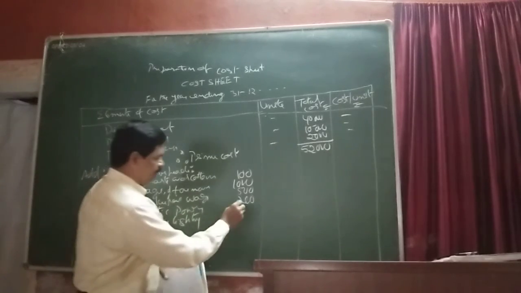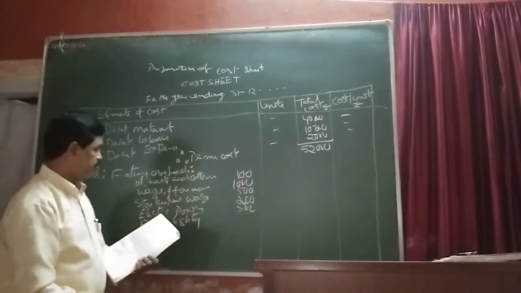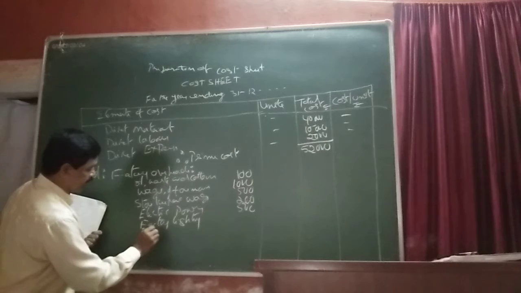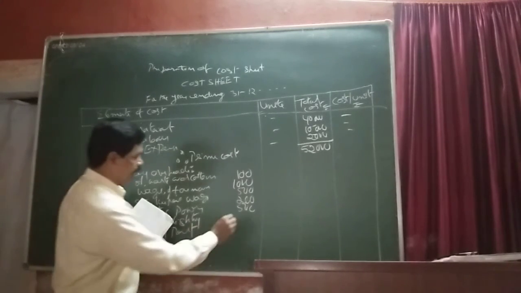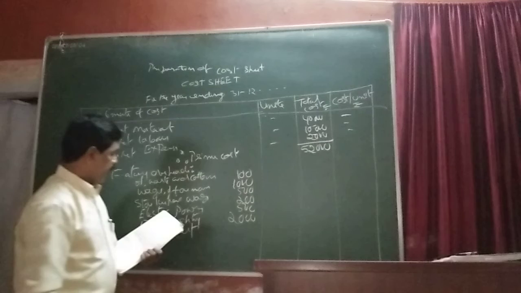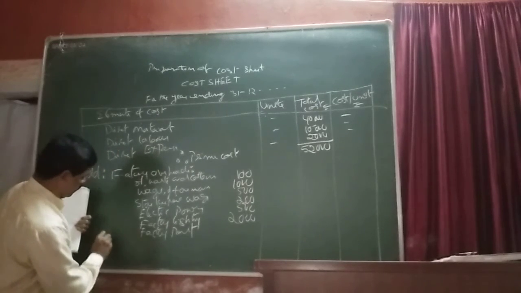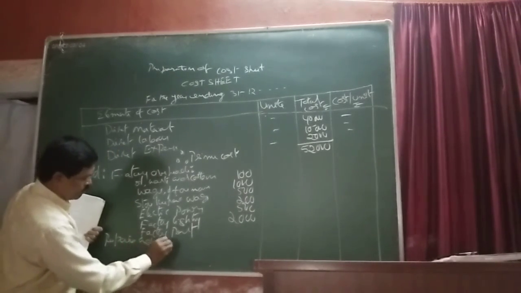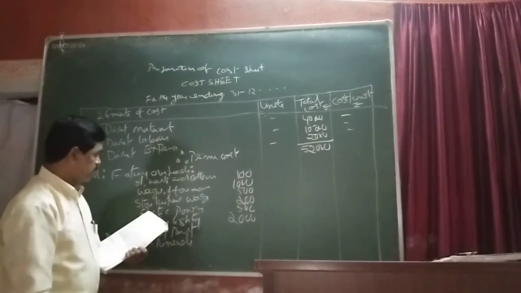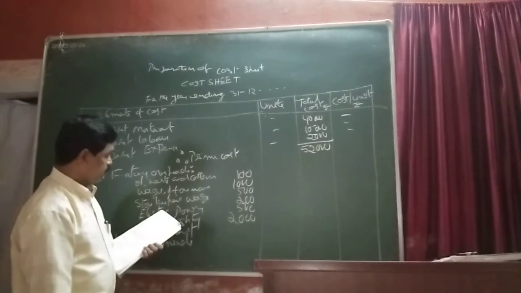Factory lighting 500. Then factory rent 2000, all these are clearly given in the problem related to the factory. Then repairs and renewals, again related to the factory.